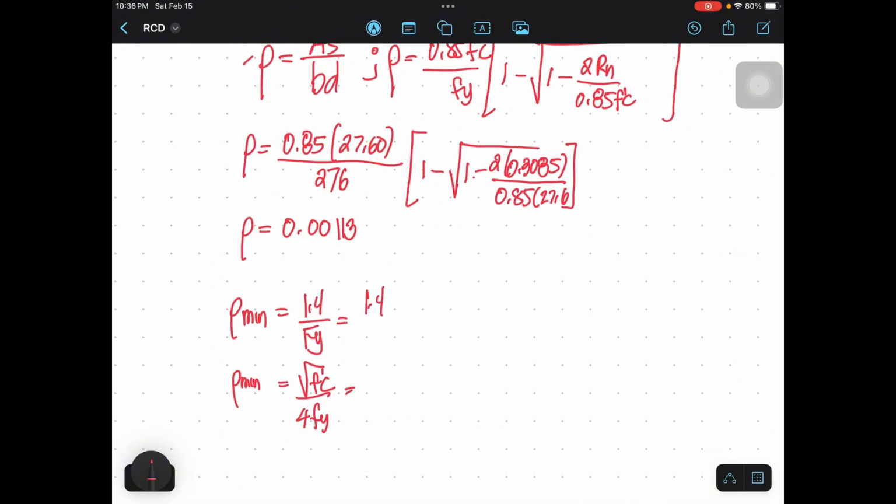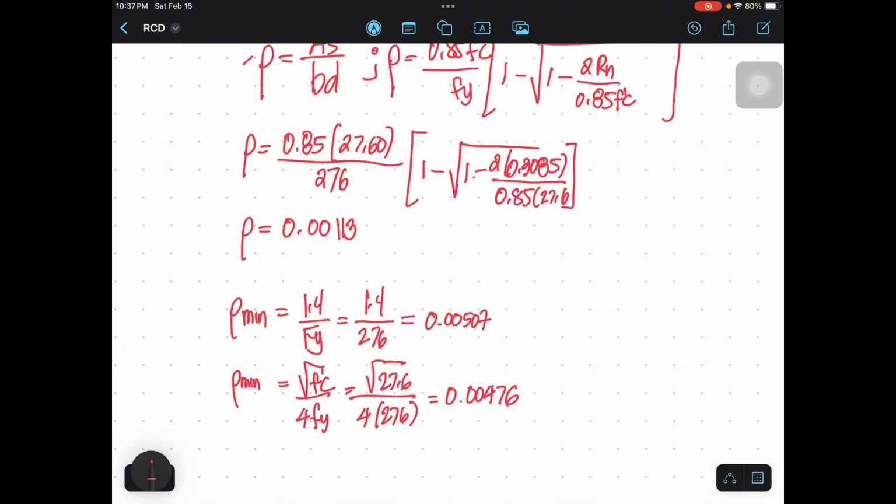So, 1.4 divided by Fy na 276, meron tayong 0.00507. And dito naman, square root of 27.6 divided by 4 times 276, we have 0.00476. So, between these two minimum steel reinforcement ratio, pipili natin yung mas malaki.